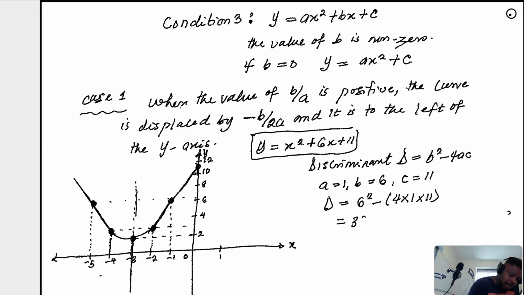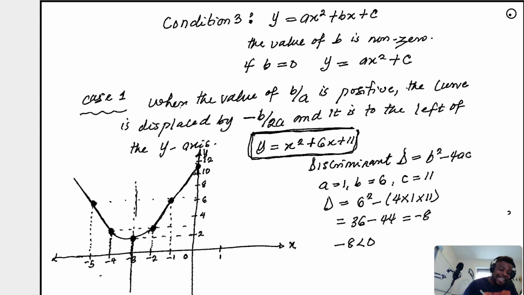So this is 36 minus 44. So our D is minus 8. So you can see minus 8 is less than 0. So in this case, our curve is not going to cut the x-axis. Why? Because the root of this equation is a complex root. So that is why our curve will not cut the x-axis.